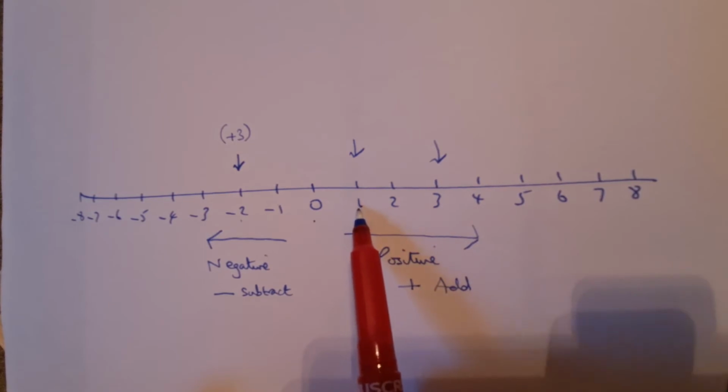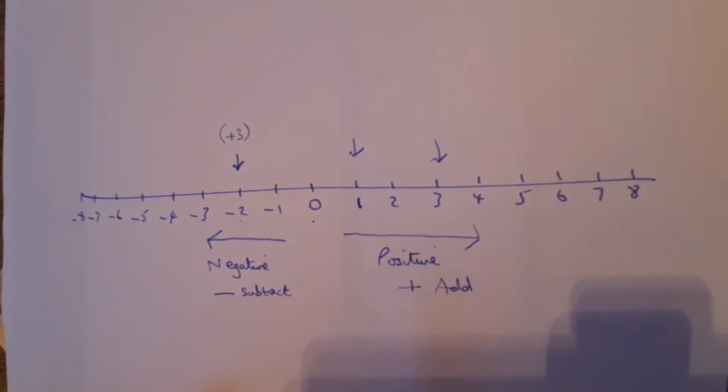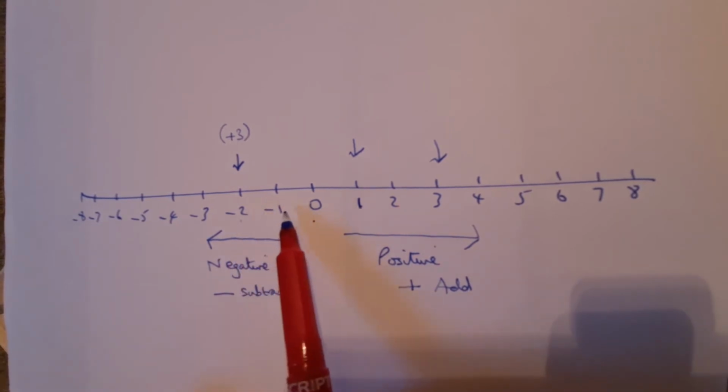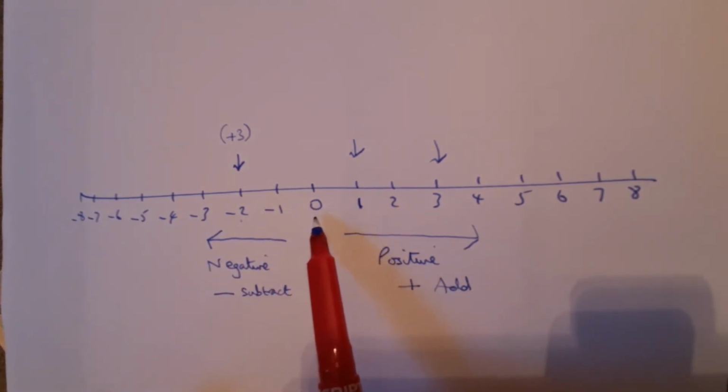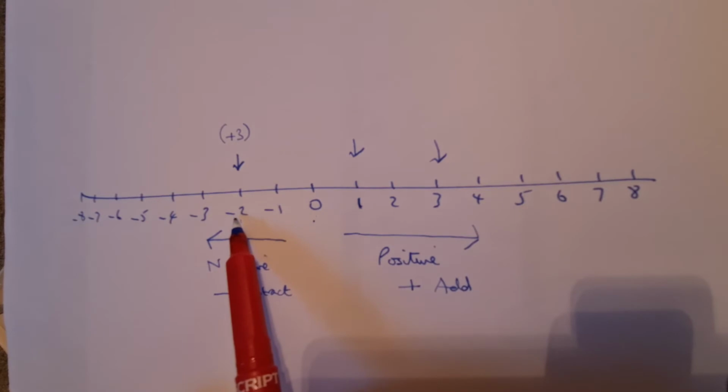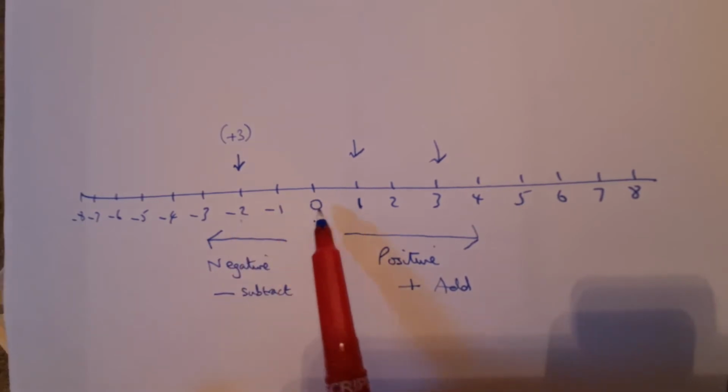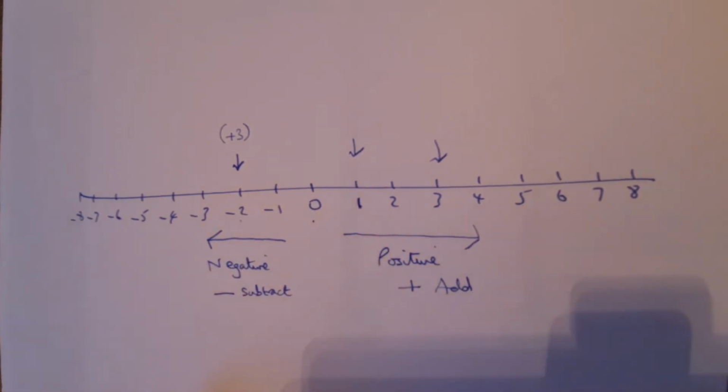So my answer to -2 add 3 would be 1. I've got to count along, everyone. Don't forget the 0. -2 add 3, 1, 2, 3. I don't miss out the 0. So that's how a number line works.